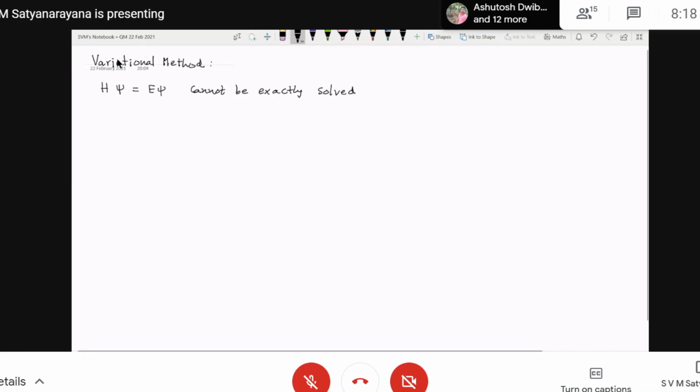Okay. Then suppose we can write this Hamiltonian as H0 plus some H prime, where the energy content of H prime is much less than the energy content of H0.